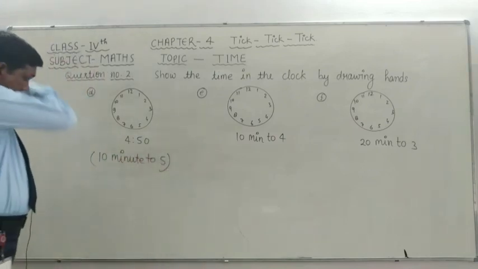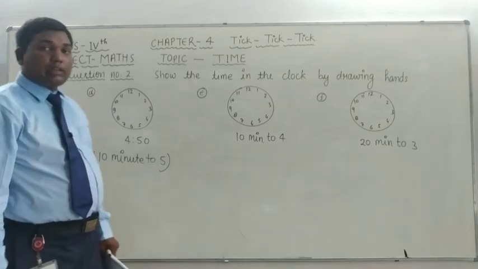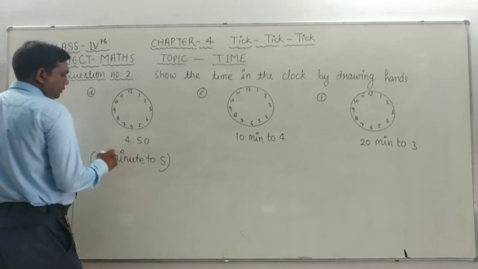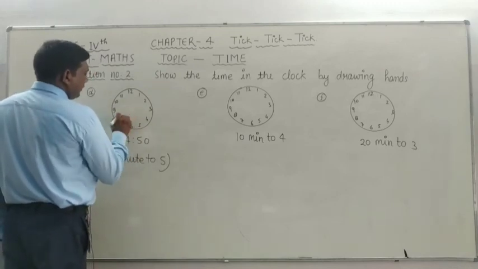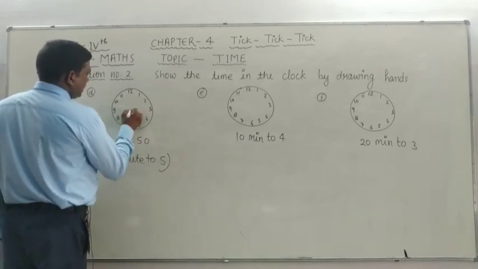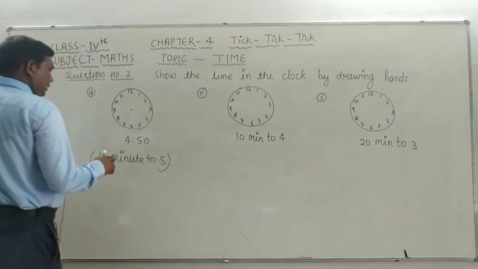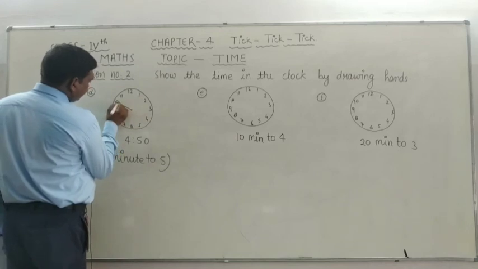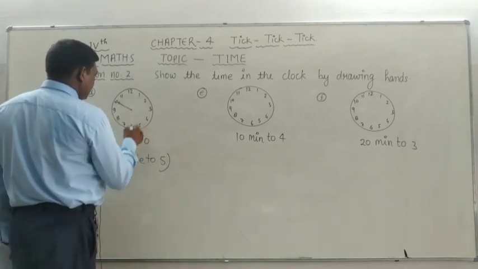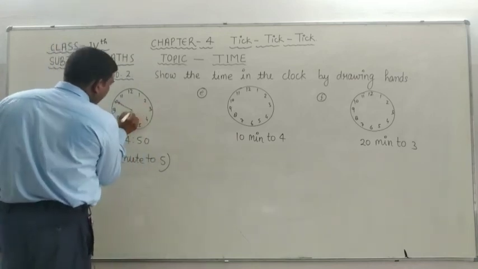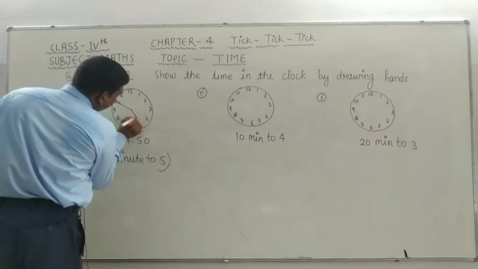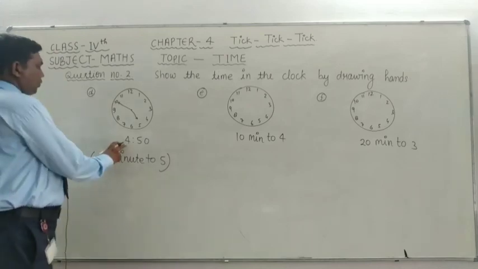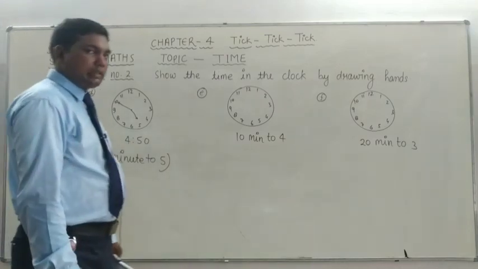This can also be written as 10 minutes to 5. Therefore, look at here carefully. Firstly, we have to take the minute hand exactly at 10 and the hour hand exactly between 4 and 5. Okay, this is 4:50. Understand?